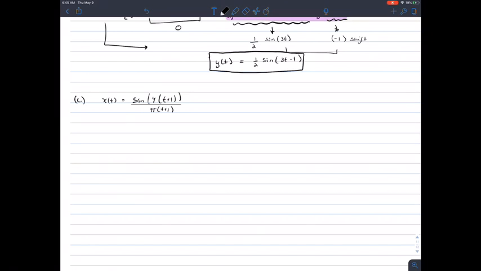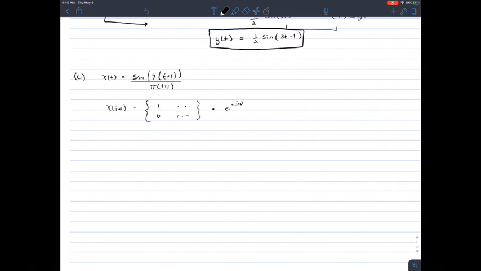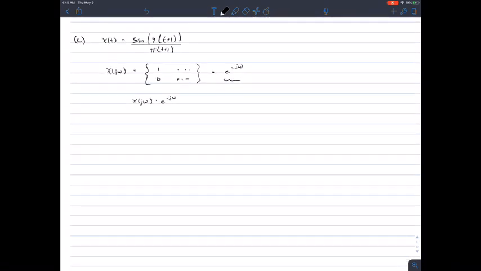So when you take the Fourier transform of this, it's just going to be x of j omega. It's going to be some step function, 1, 0, and so on. And you're going to have to multiply this by e to the negative j omega. Well, you can already tell that when you multiply this by e to the negative j omega, it's just shifting it again. So it is x of j omega times e to the negative j omega. That is a time shift.